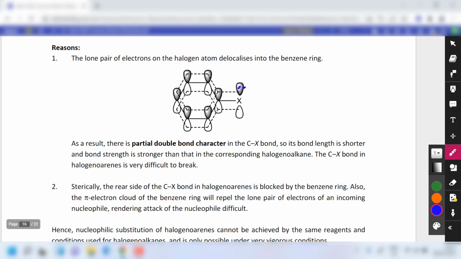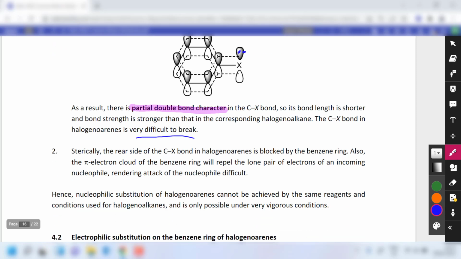That means the lone pairs of electrons will overlap continuously with the pi electron clouds in the benzene ring. When this happens, it gives the C-halogen bond a partial double bond character. So this leads to the strengthening of the C-halogen bond, making it more difficult to break, or less susceptible to nucleophilic attack.